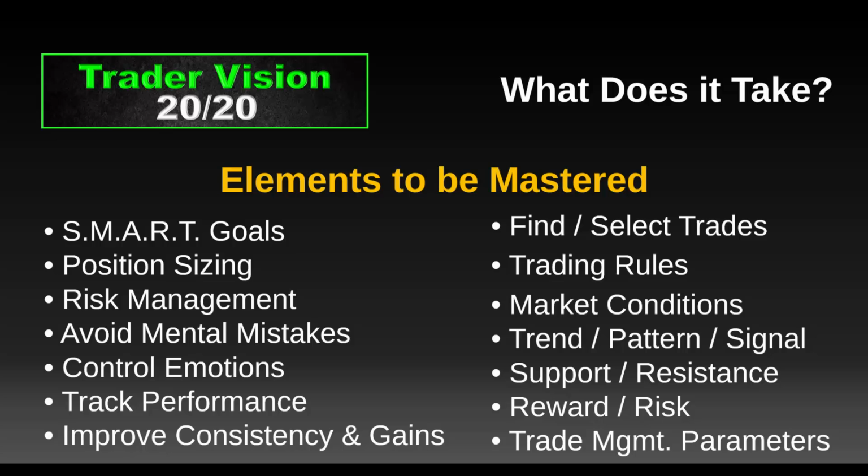We need to find and select the right trades, develop and adhere to our trading rules, consider the market conditions, and look at the charts such as trends and patterns and particular signals, knowing where support and resistance are relative to a potential trade, looking at the reward risk to make sound trading decisions. And then we have to have parameters in place so we can manage trades.